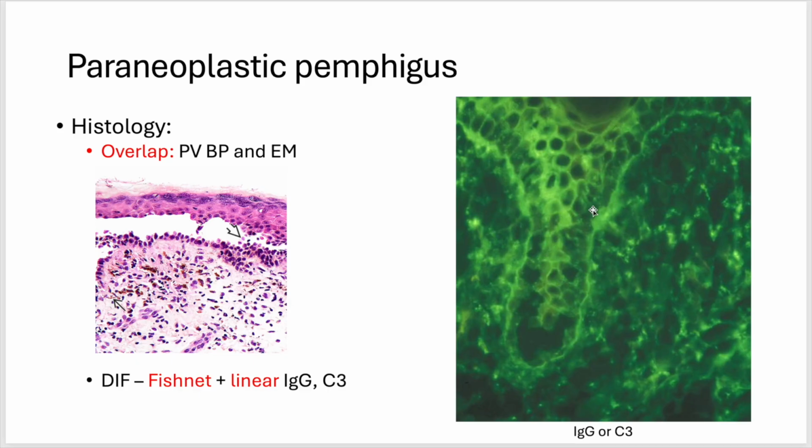When you see that combo, especially in a patient with known or suspected cancer, you have to think about the possibility of PNP. This disorder is not just a skin problem. It can be fatal, causing some fatal pulmonary complications. So if you suspect it, it's a dermatological emergency, and you should immediately investigate for underlying malignancy.